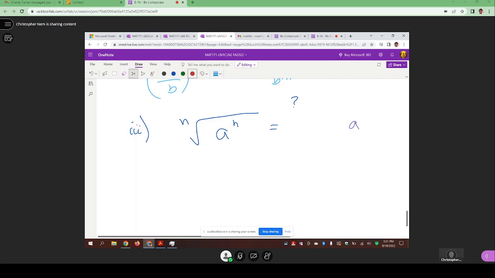Let's do the process. If I turn this to the exponential world, I get A to the n raised to the 1 over n power. And a power raised to a power, we multiply. So we're going to do A to the n times 1 over n, which is A to the n over n, which is equal to A to the 1st power, which is equal to A. So it does look like it is A, but there's a problem.